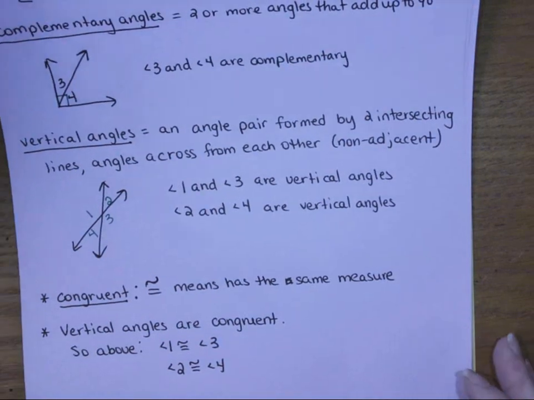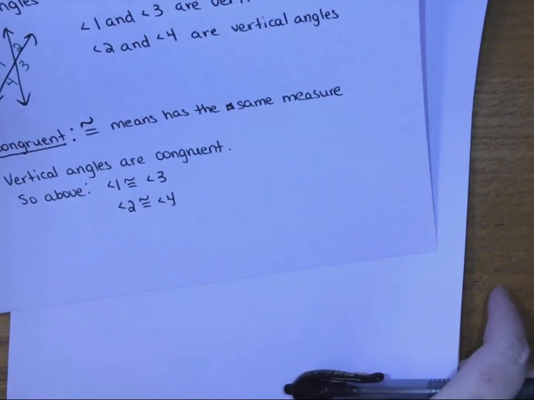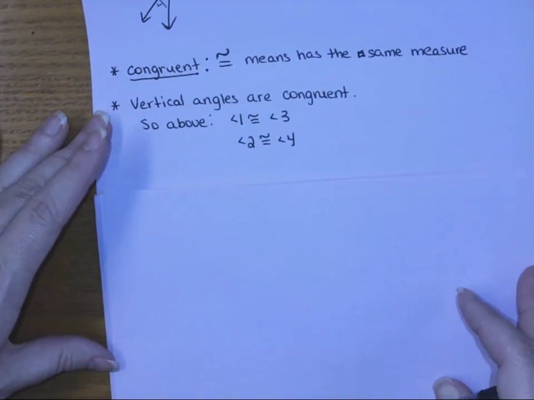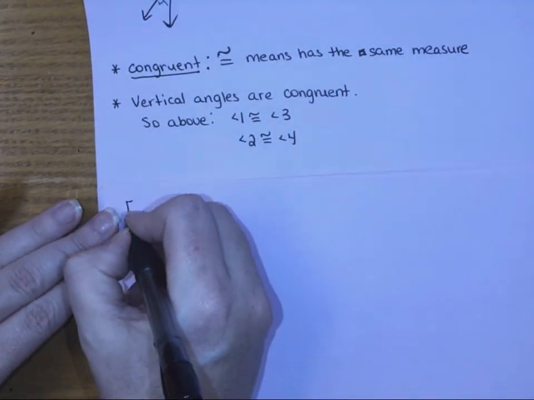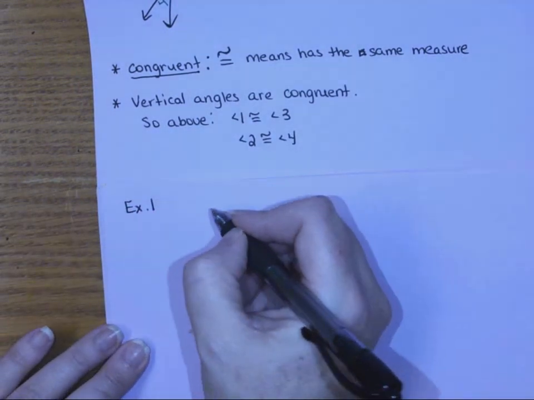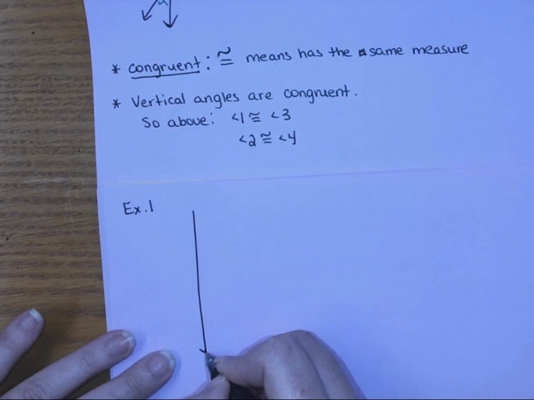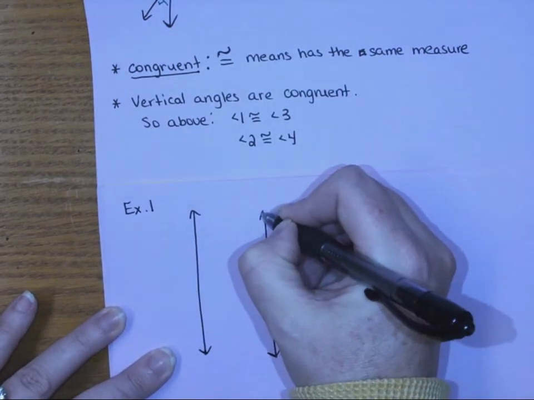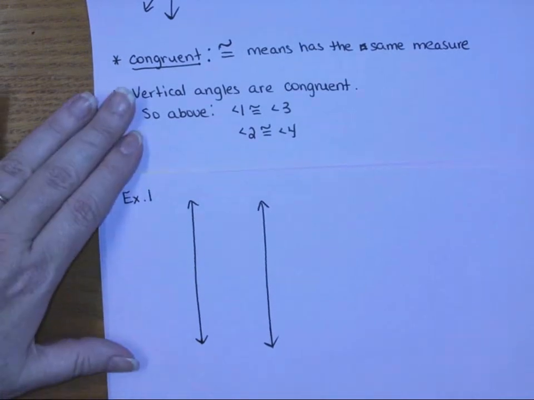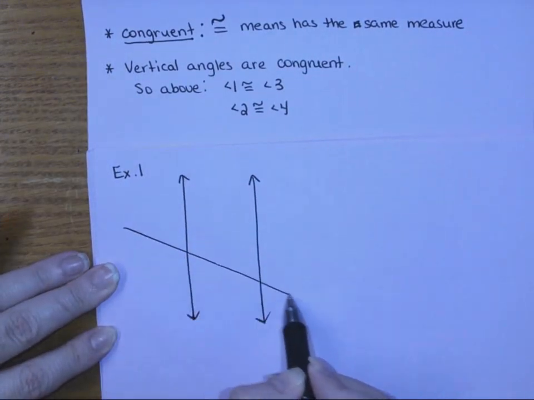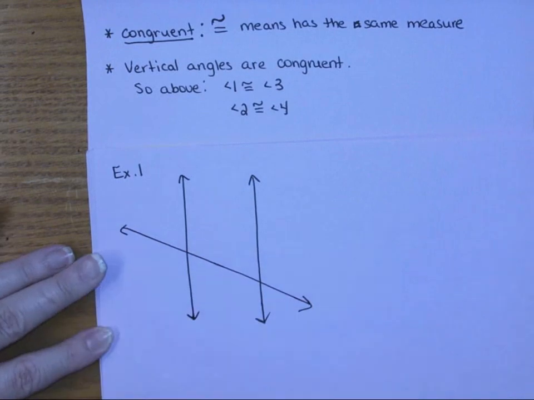All right, so interestingly enough, you actually can tell a lot about angle measures based off of this rule alone. So I want you to draw the figure that I'm about to draw. And I would draw it in the order that I am. So draw two lines kind of straight up and down.